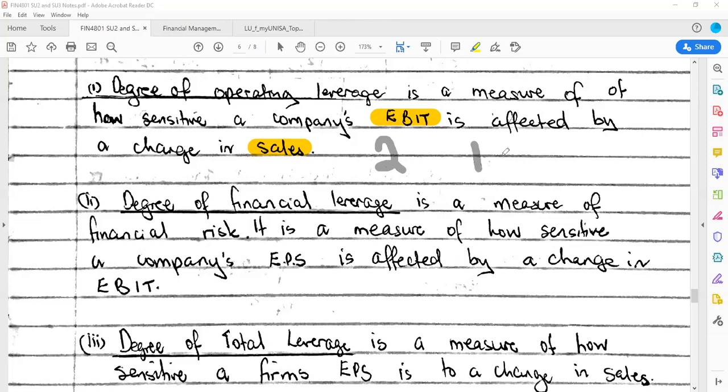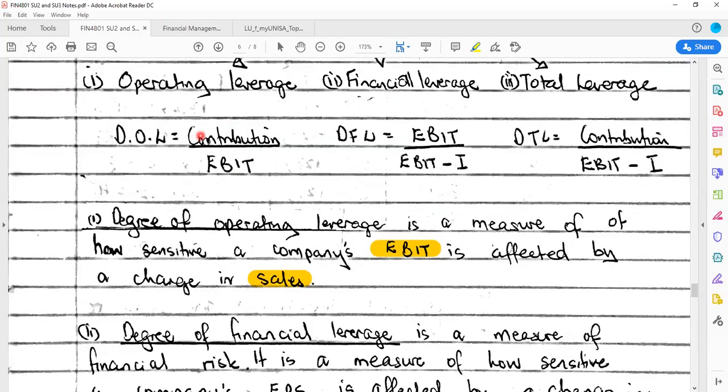This means if our sales change by 10%, then our EBIT will change by 20%. Our EBIT will change by 2 times the change in sales. That's what it tells us. If it's 2 and our sales change by 10%, then our EBIT will change by 2 times 10%, which is 20%. Okay. And we calculate it using this formula right here.